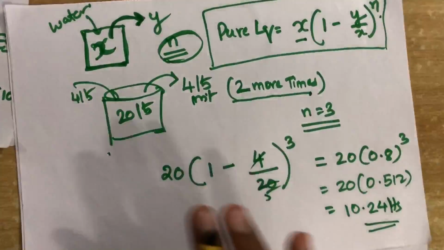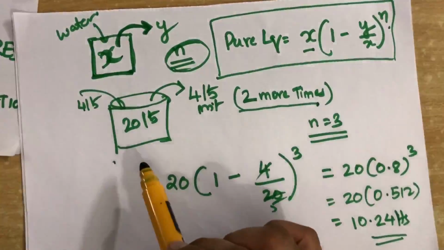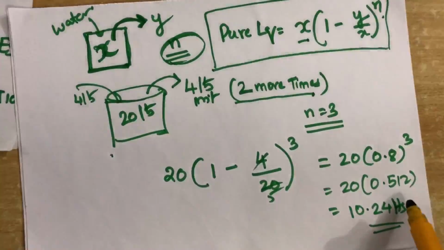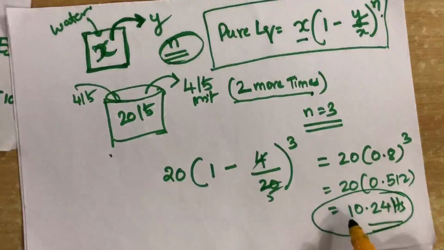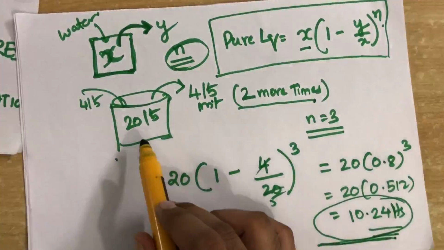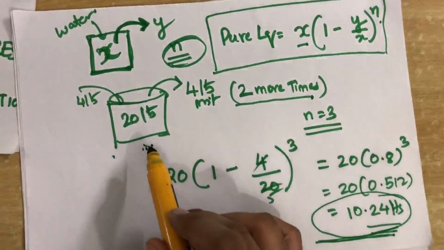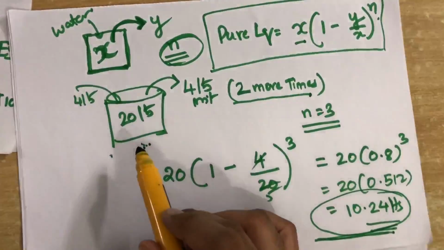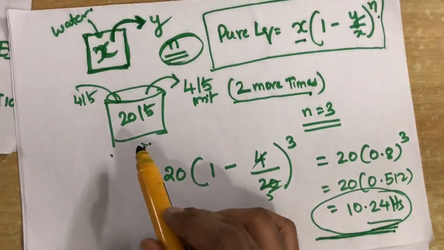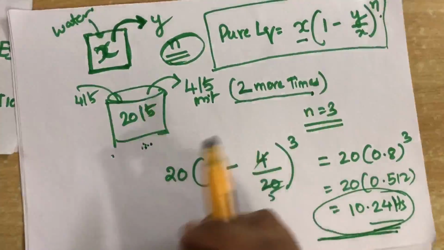So at the end of this operation of removing 4 liters of milk and replacing it with water, the milkman will have only 10.24 liters of actual milk in this 20 liter container. The rest of the 20 liters, which is 9.76, is all water.